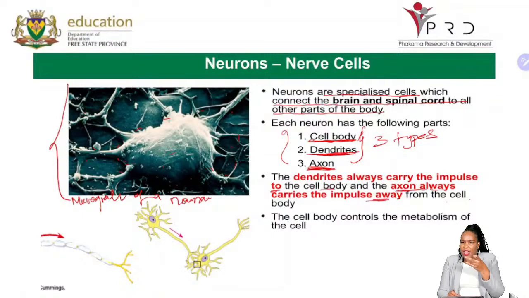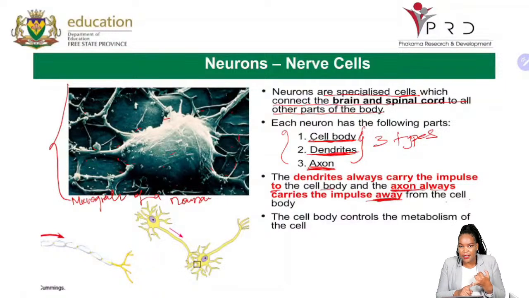So if you are confused by the two, look at this: axon A, axon away, axon away. So axon always carries impulses away from the cell body. But the dendrites, they carry impulses to or towards the cell body. So that is how you can remember the functions of those 2 parts.